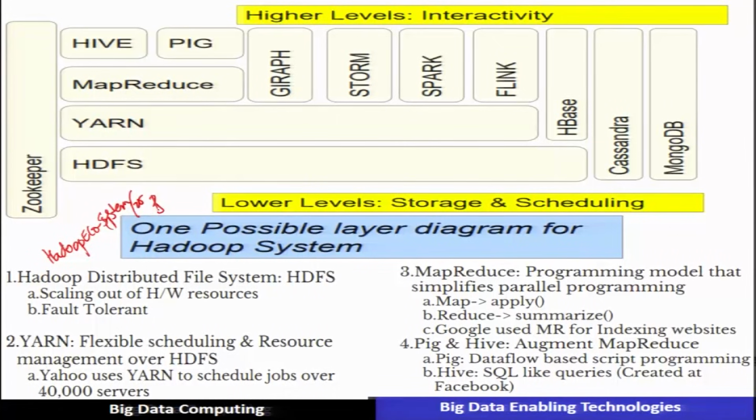So this is the Hadoop ecosystem for big data computation, which is summarized as follows. As I told you, Hadoop has two main components.